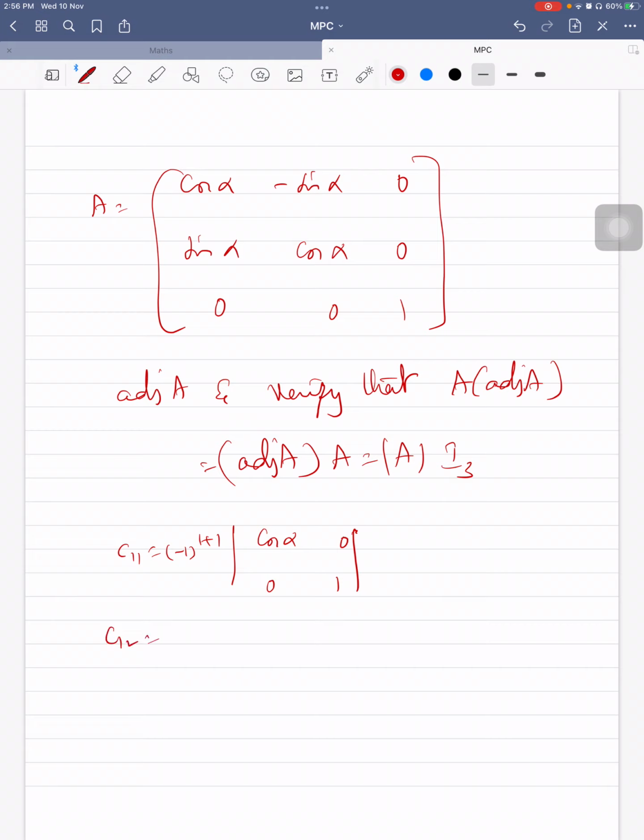C12 is minus 1 power 1 plus 2 times the determinant of [sin alpha, 0; 0, 1]. This becomes minus sin alpha. C13 is minus 1 power 1 plus 3 times the determinant of [sin alpha, cos alpha; 0, 0], which becomes 0.